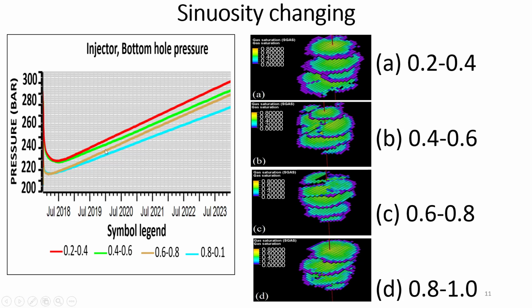Okay, so the first scenario we consider is the sinuosity change. Okay, on the left side you can see the bottom hole reservoir performance for 4 case scenarios, and on the right side you can see the CO2 evolution movement from the bottom to the surface of the reservoir.